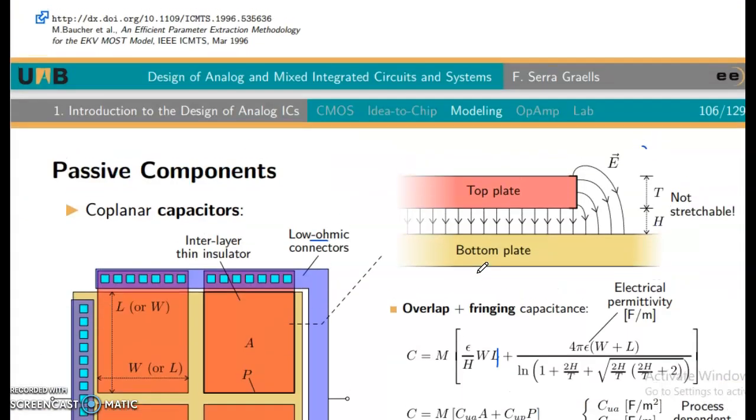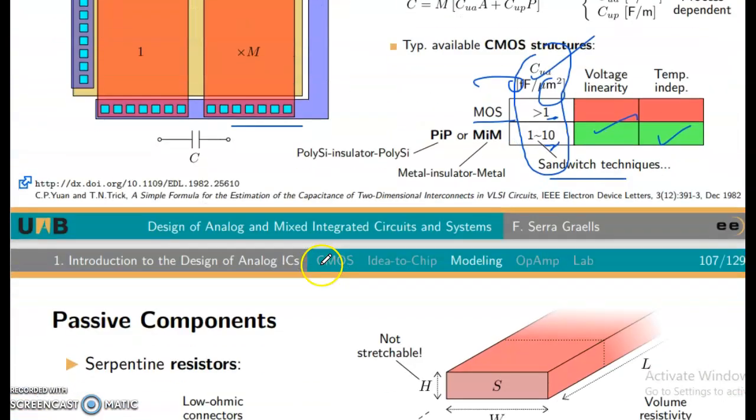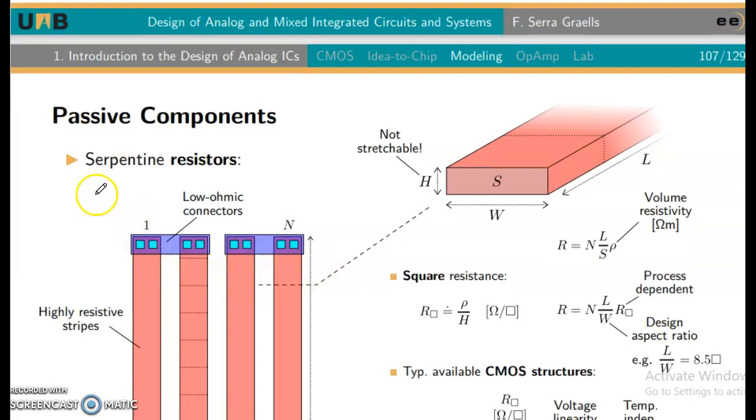Passive components. Here we have seen coplanar capacitors. Here serpentine resistors.